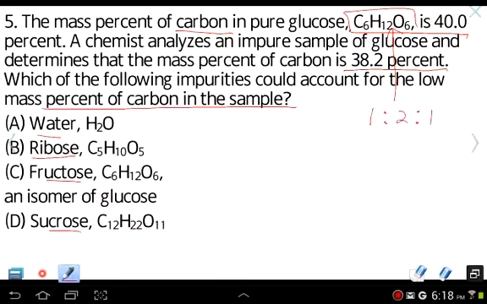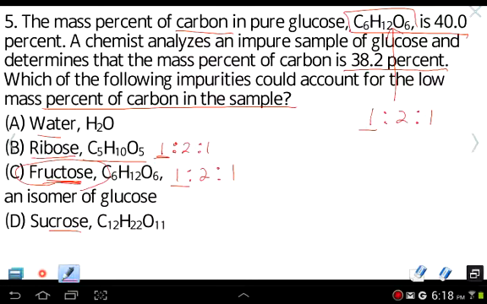Ribose is also a 1 to 2 to 1 mole ratio, which means if it's contaminated with ribose, your percent of carbon is going to be the same, so it won't show up. Same thing with fructose, because its formula is exactly the same. It's still a 1 to 2 to 1 ratio, so if it's contaminated with fructose, you won't see a difference because the mole ratio of carbon to hydrogen is the same.